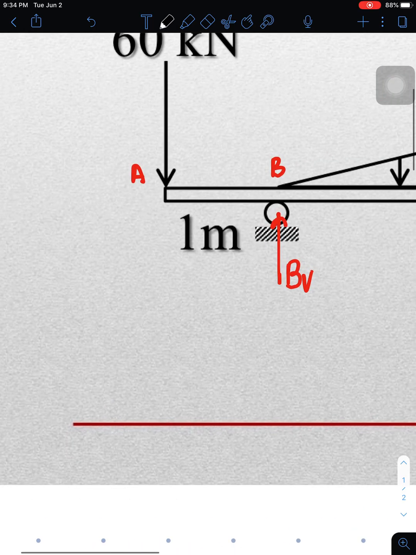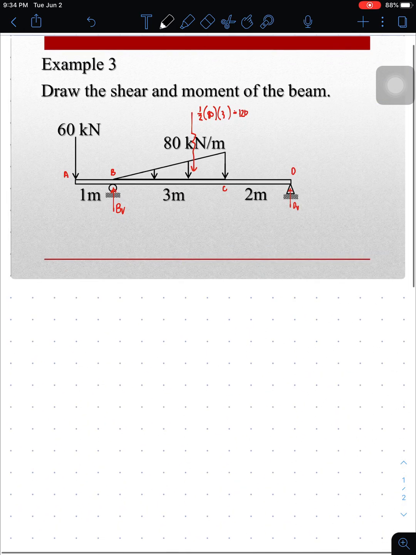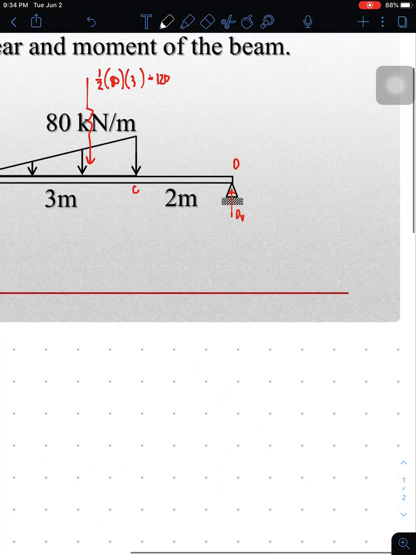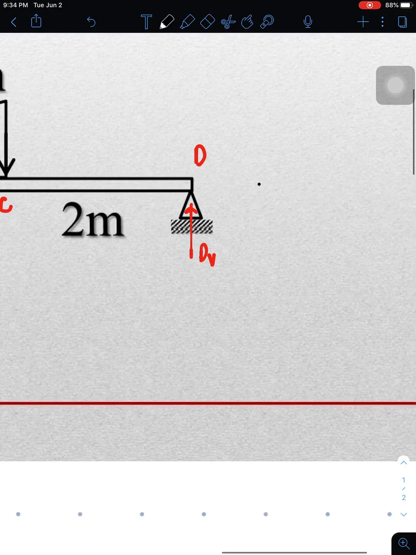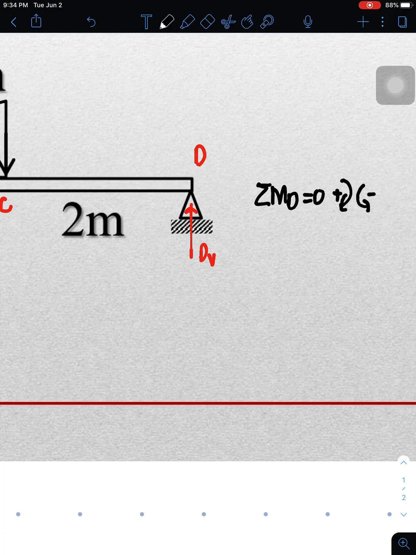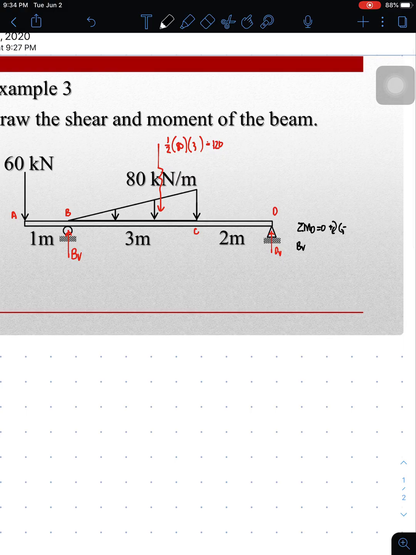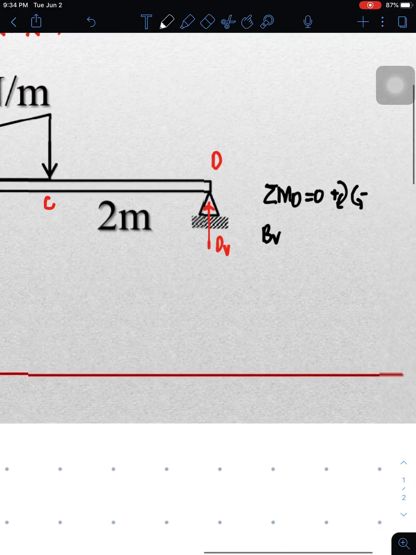And by solving BV, it means to say that, can I just leave this one space here? Summation of moment. So let's solve by summation of moment at point D for us to be able to solve for BV. So BV will rotate at point D with a clockwise direction, and the moment arm is 5.